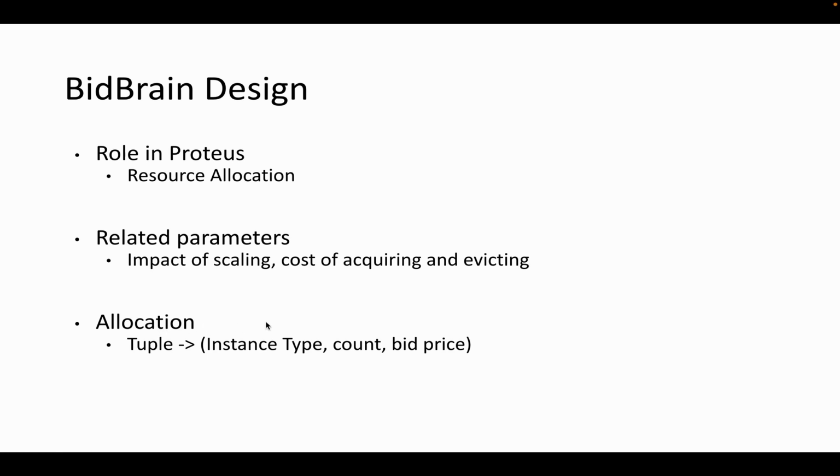BidBrain acquires resources with the help of tuples. The tuple is instance type, count, and bid price. A set of instances with the same instance type and the same bid price, acquired at the same time, is called an allocation.